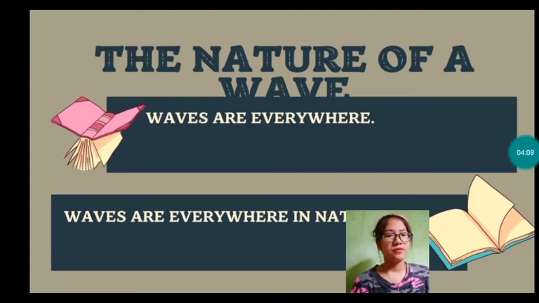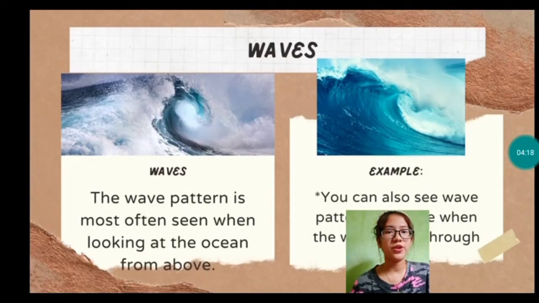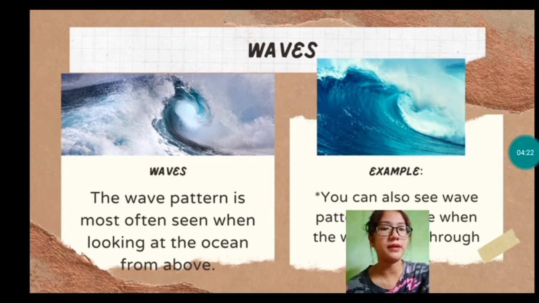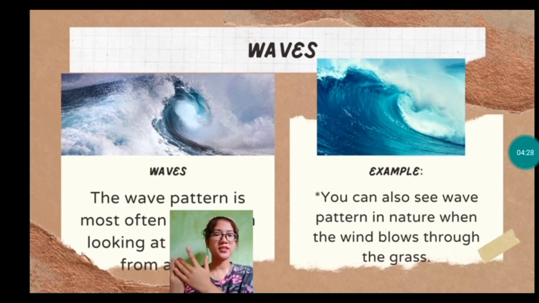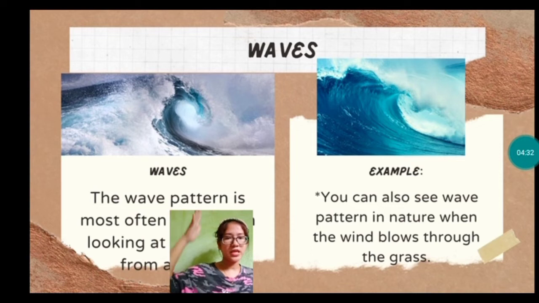That's why we're thankful that we have them, and they also contribute to our life. The wave pattern is most often seen when looking at the ocean from above. You can also see wave patterns in nature when the wind blows through the grass, because of the air, wind energy, and strength.